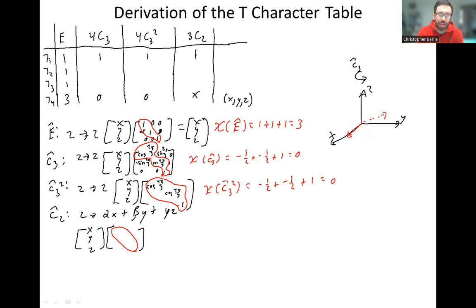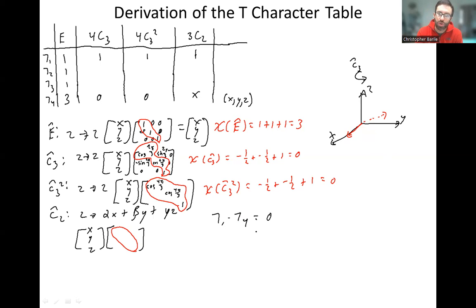We know that gamma 1 must be orthogonal with gamma 4. That is, the dot product of gamma 1 and gamma 4 has to be equal to 0. That's one of our character table rules, the great orthogonality theorem: all the irreducible representation vectors have to be orthogonal to one another.